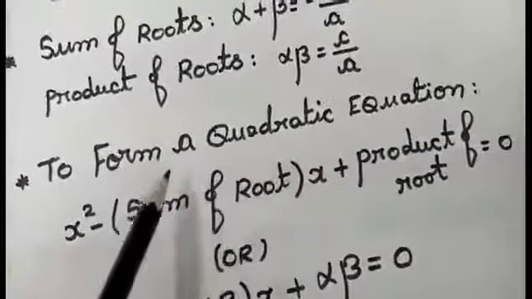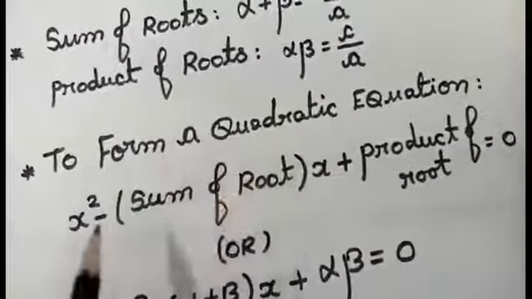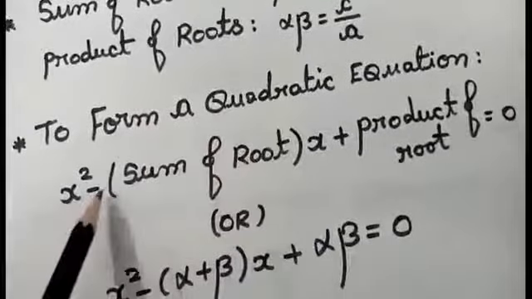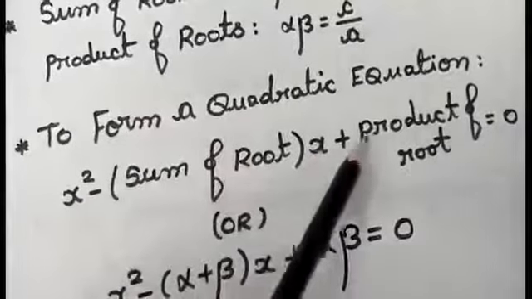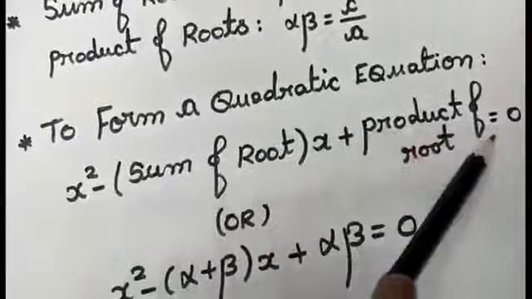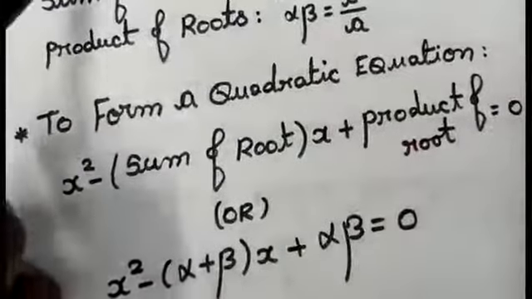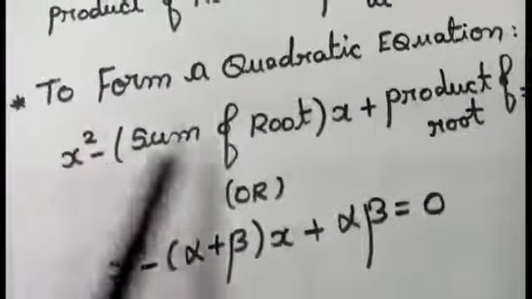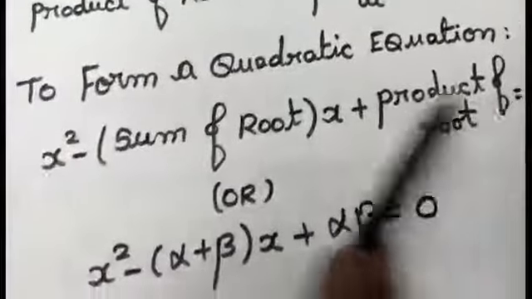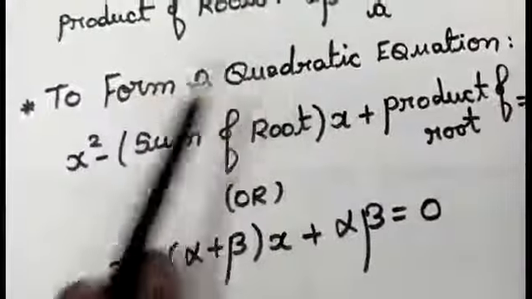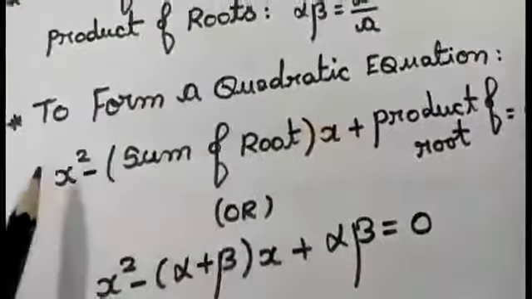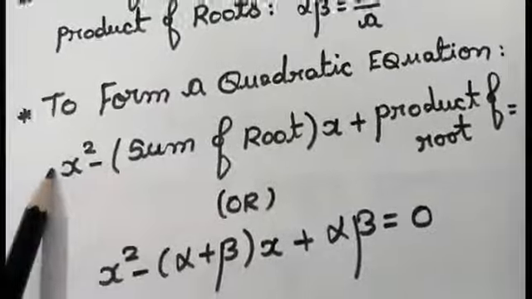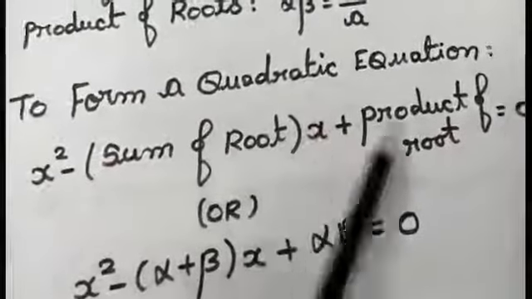To form a quadratic equation, I am going to use this formula, that is x square minus sum of roots x plus product of roots equal to 0. So this is the form. X square, x, constant equal to 0. Same procedure only we are having here. But when you are forming the quadratic equation, you will be having alternate signs, that is positive, negative, positive equal to 0.